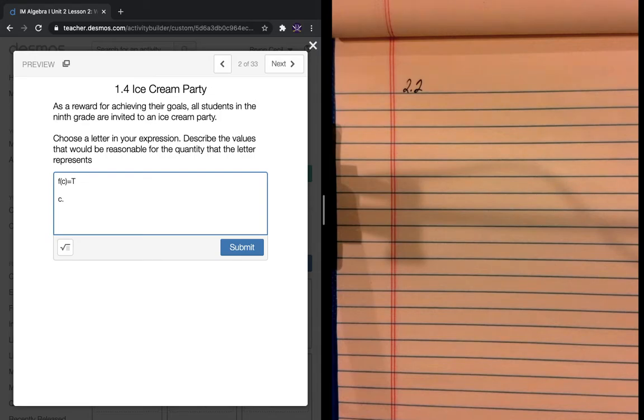So for C, let's say it's probably going to be at least $1, so it's going to be greater than $1, the cost of an individual ice cream. But if we're going to buy them for everybody, $2 is the max I'm going to say, so let's say it's going to be less than 3. So C has the constraints that it's greater than $1 a piece, but less than $3 a piece.